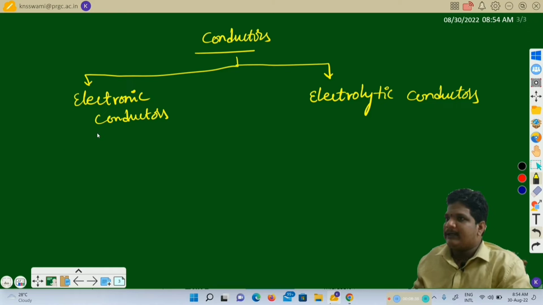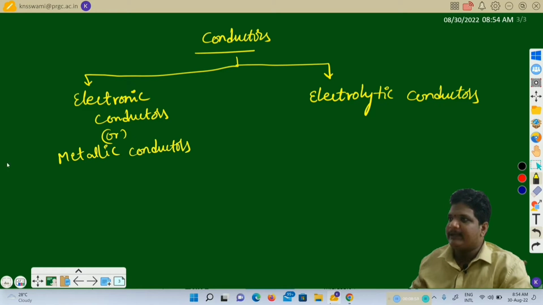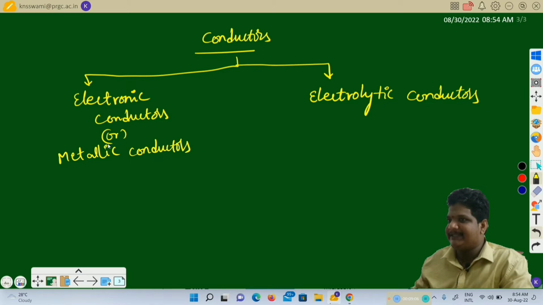Electronic conductors are also called metallic conductors. In the case of electronic conductors, these are the substances which do not undergo any chemical change during passage of electricity.